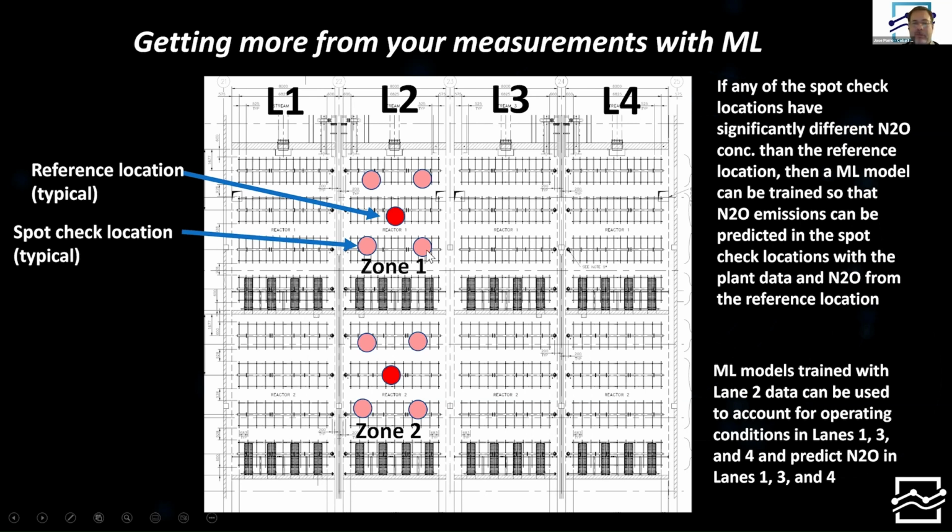So we can't just assume what we measure here is the same in the other lanes. So we can take into account the process conditions in the other lanes to predict what the N2O emissions are and monitor the N2O that way, using the machine learning model that was trained on data from where we did measure.